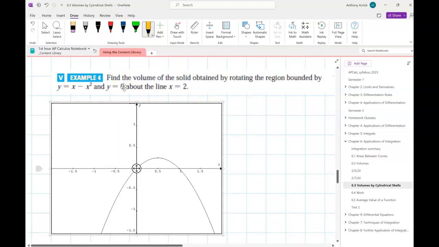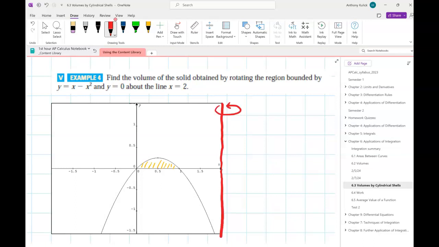That's my shaded region, right? There's my line, x equals 2, right?